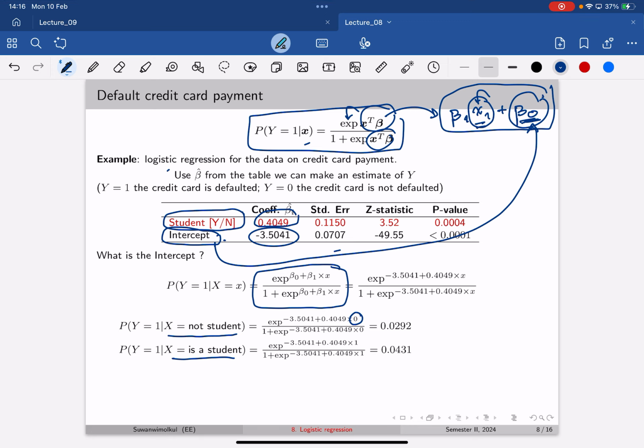If x is student, this value will be 1. And if you calculate them, you can see that actually the probability of being canceled given that x is student is higher. So that's how you interpret, or let's say how the computer will calculate when you use it to provide the class of whether or not this credit card will be cancelled.